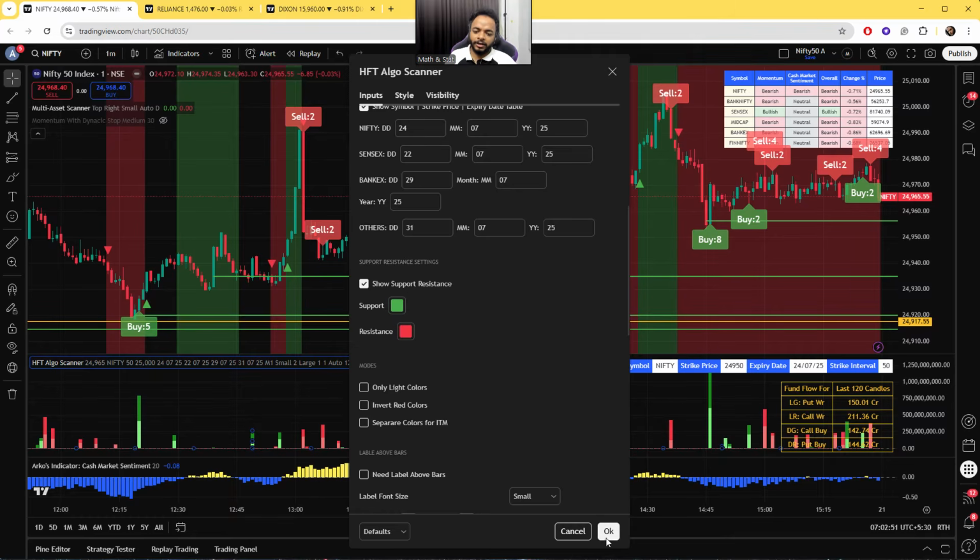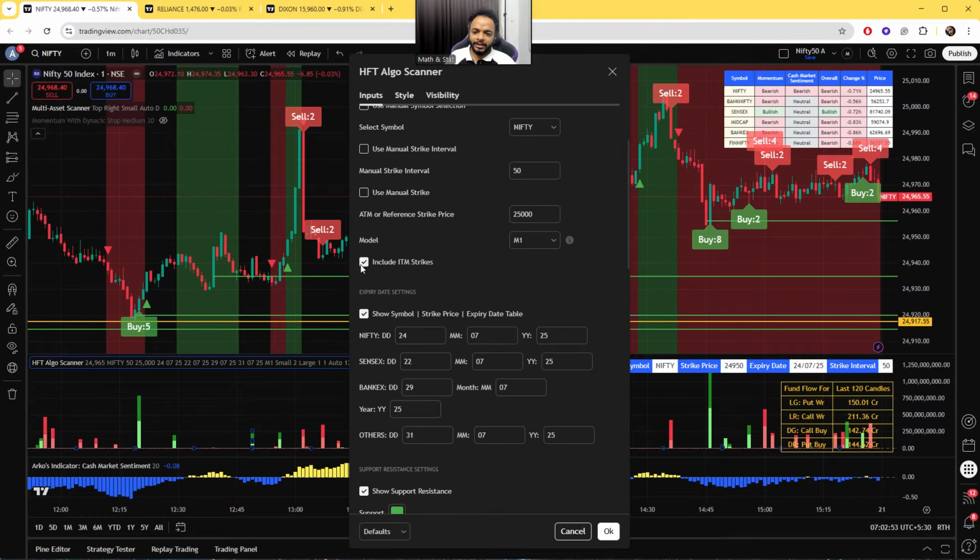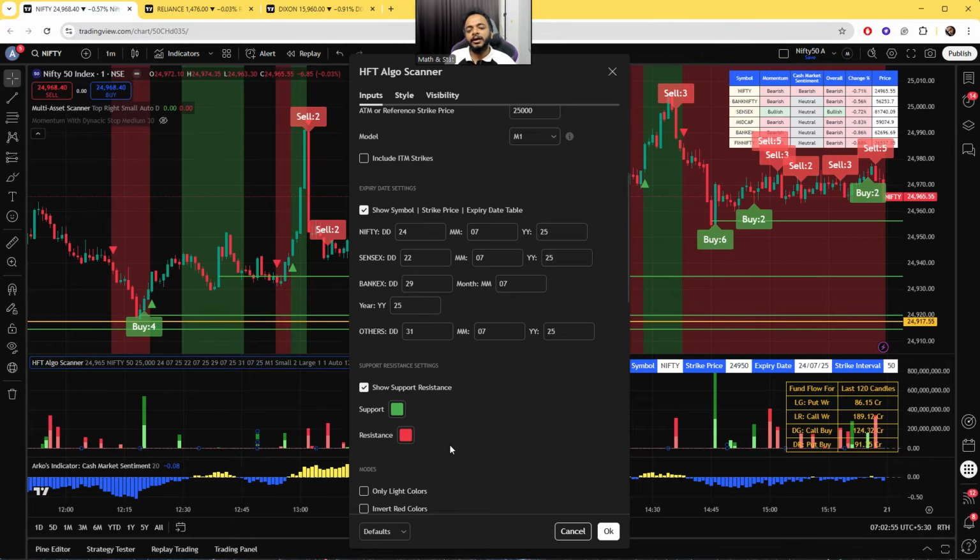Okay, now let's come to the main point, that is the expiry settings. For Nifty you have weekly expiries, and Sensex you have weekly expiries. BankX you have a different expiry. Apart from that, for the others it's the same expiry.